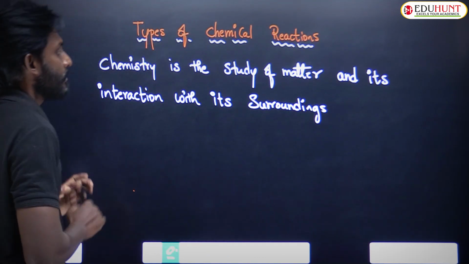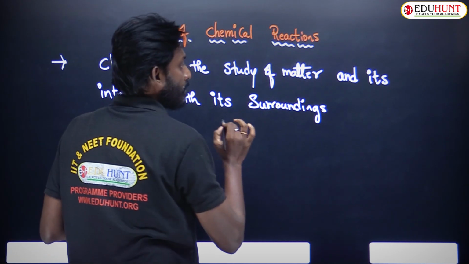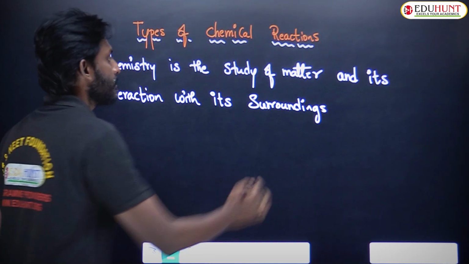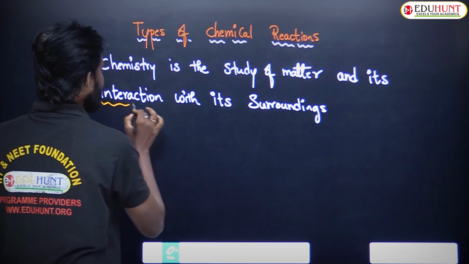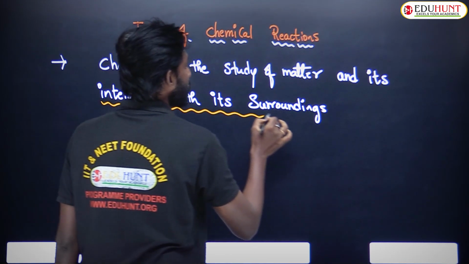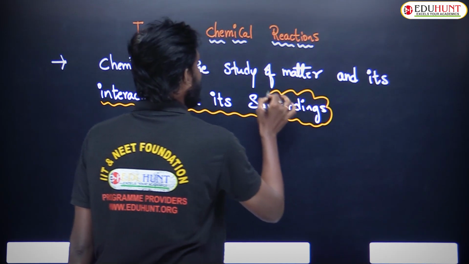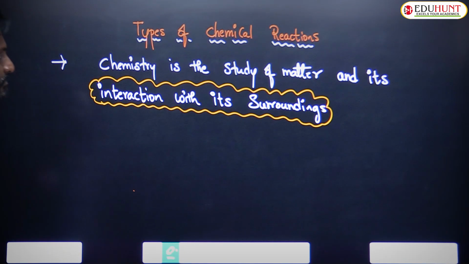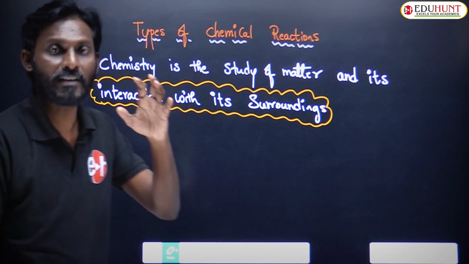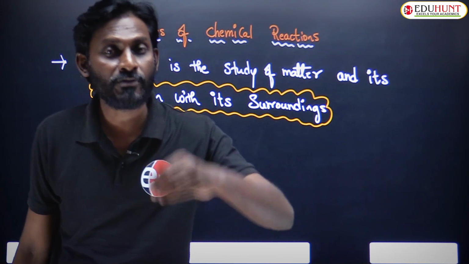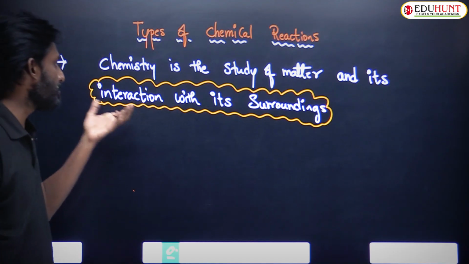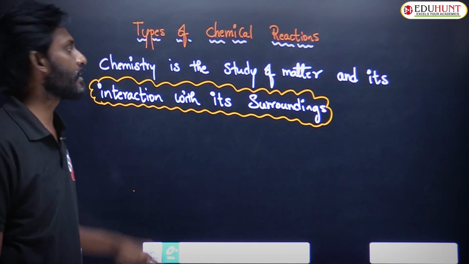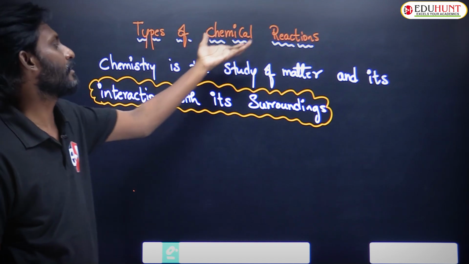Yes, study of matter. But how that matter is interacting with its surrounding matter. In this particular chapter we are going to focus on that interaction, and that comes under the category called types of chemical reactions.